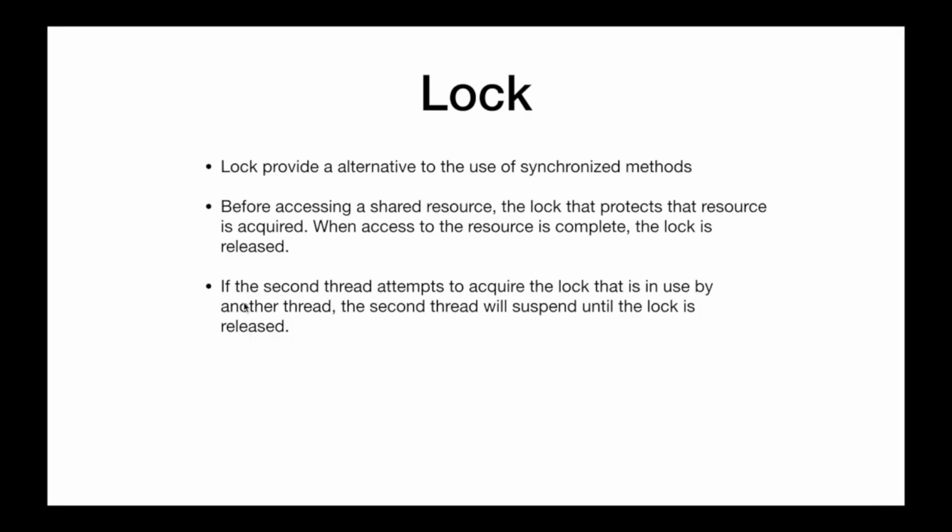If a second thread attempts to acquire the lock, then it is suspended till the lock is released. So lock helps in synchronization but solves other problems which the synchronized keyword could not solve. For example, we will see in the example forward where read and write lock is used.